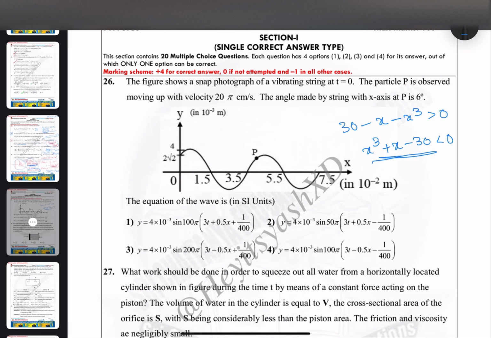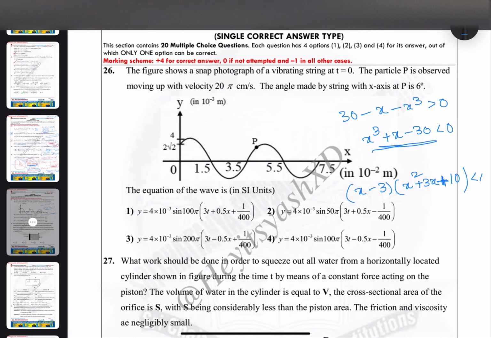If you observe carefully, x equal to 3 is a root of this equation. So you can write this as x minus 3 into x square plus 3x plus 10, less than 0.